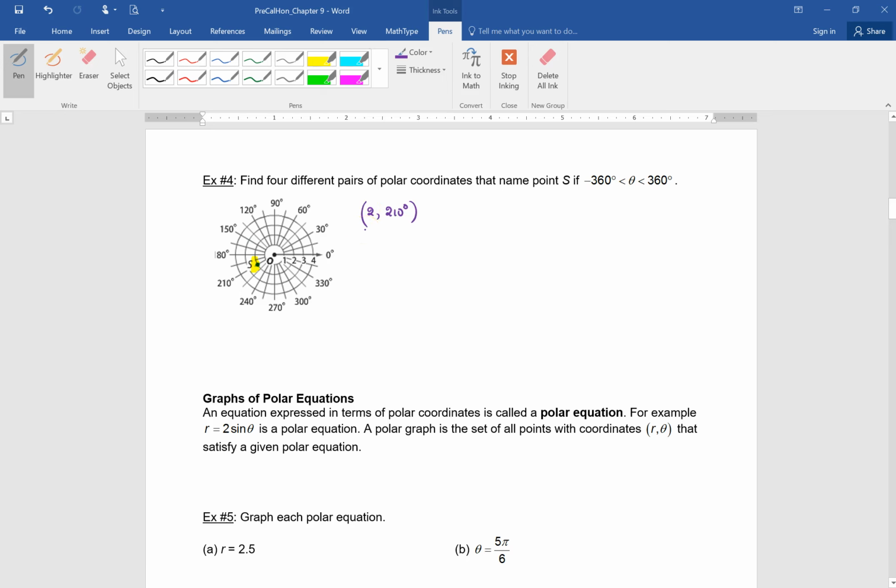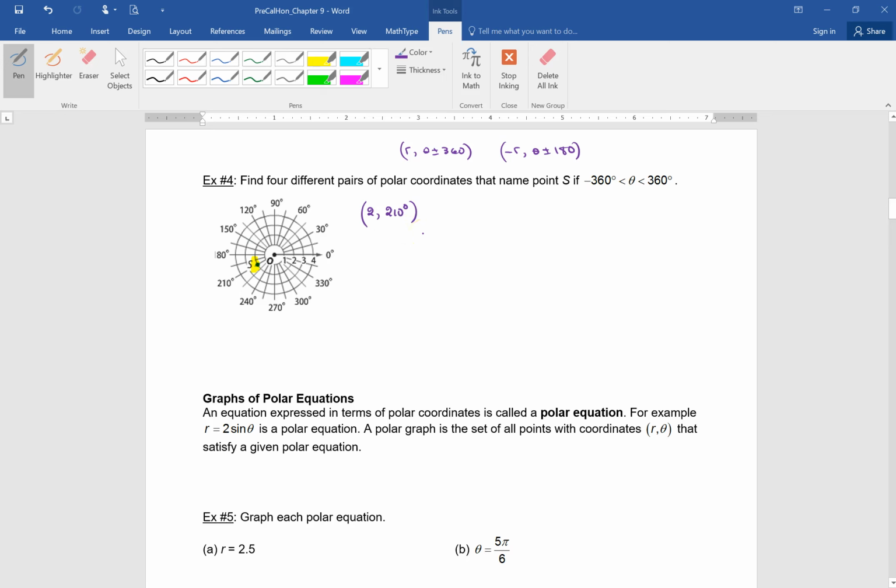So what's another one? What's another thing we can do? The 2 things we can do is either r, comma, theta plus or minus 360, or -r, comma, theta plus or minus 180. Now, can I do 210 plus 360? Is that within my domain? No. Can I do 210 minus 360?